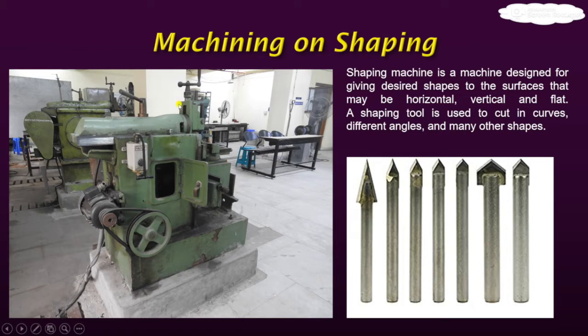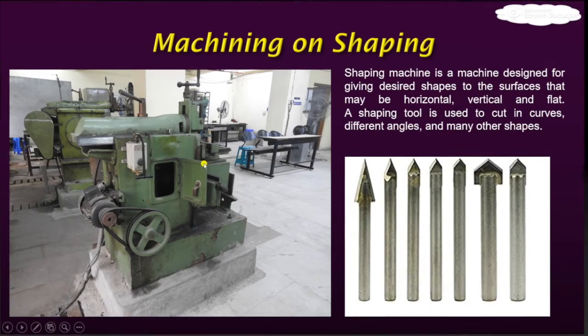For all the machines, there is a cutting tool based on the type of operation. In some cases, the turning tool is also used for shaping purposes. In our lab, there are two shaping machines.